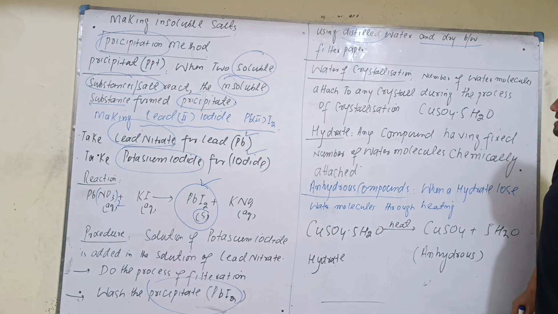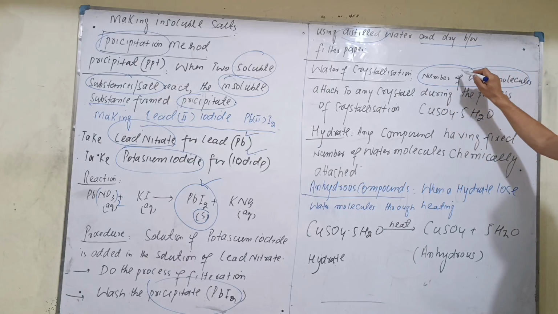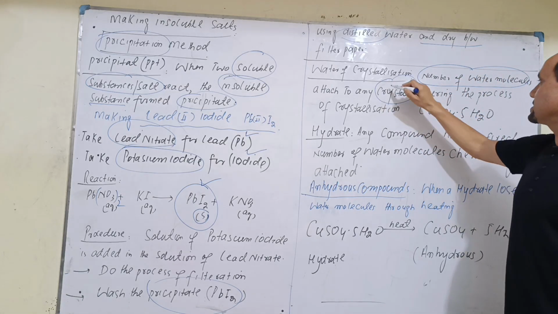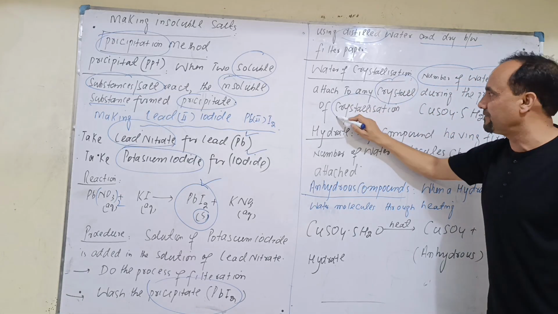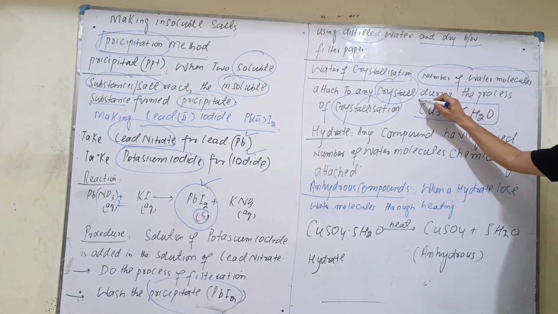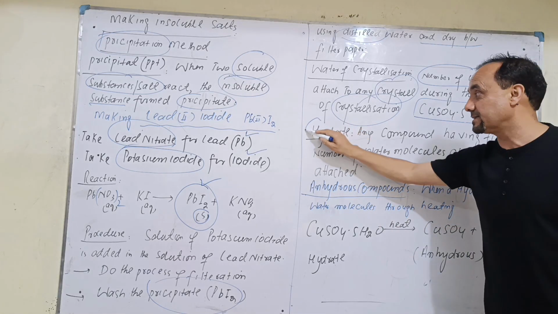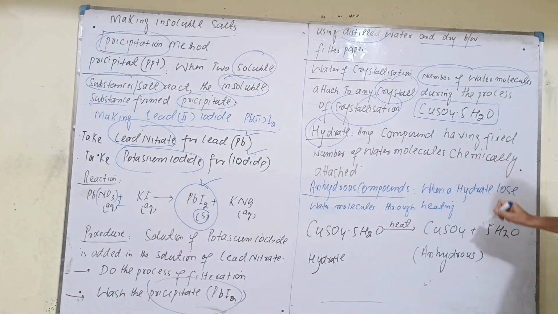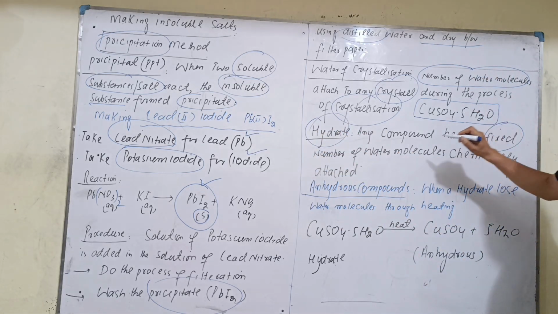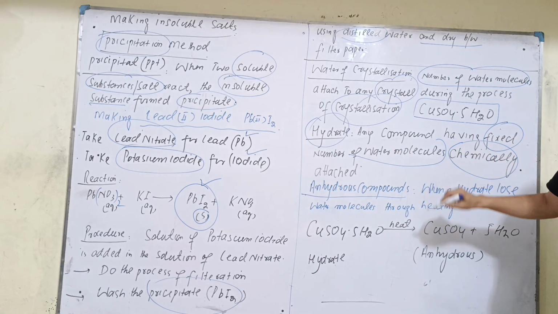Now there are two definitions. Water of crystallization: the number of water molecules attached to any crystal during the process of crystallization. For example, this is copper sulfate and it has 5 water molecules attached. Now what is a hydrate? A compound having a fixed number of water molecules that are chemically attached.